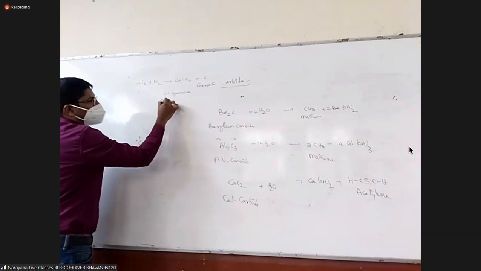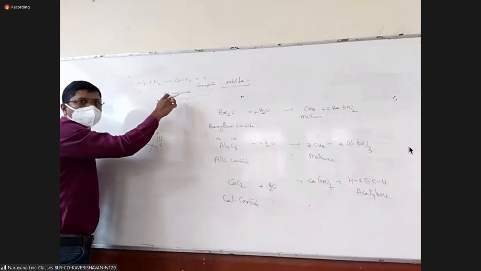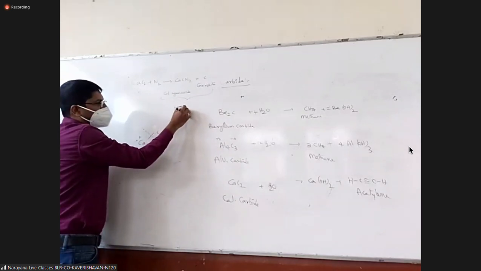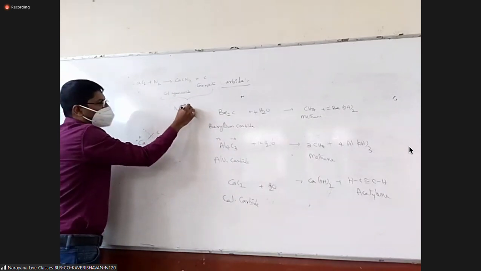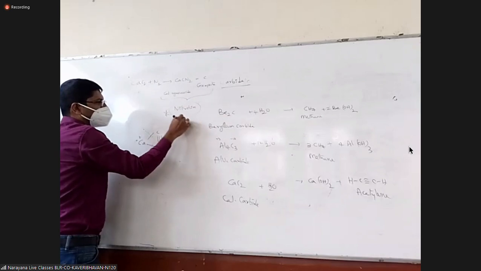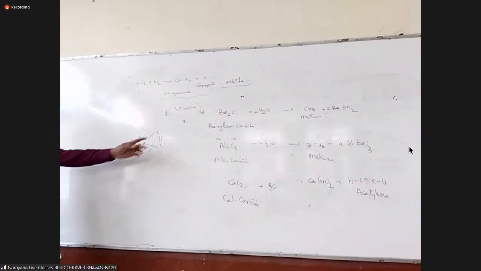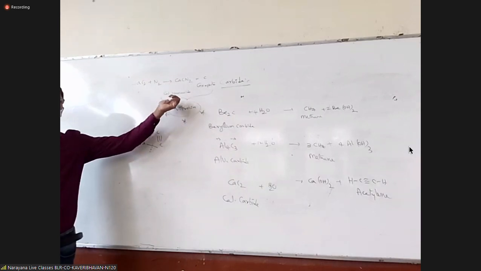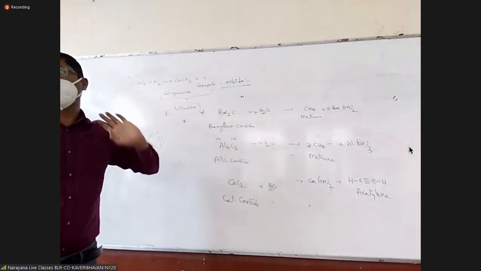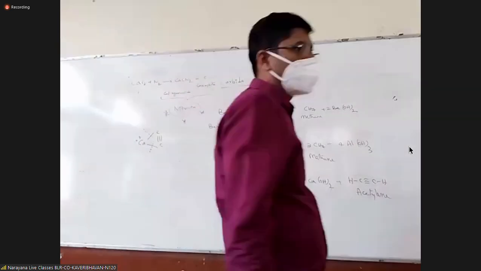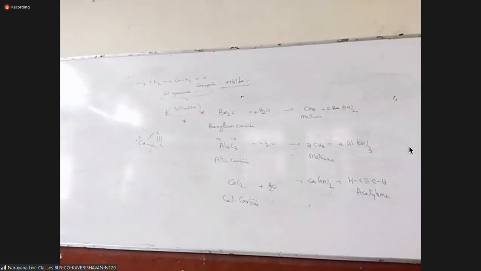The mixture of graphite and calcium cyanamide is called nitrolim. Note this one, they will ask it in the exam. What is nitrolim? Nitrolim means the mixture of calcium cyanamide and graphite. Calcium cyanamide and graphite mixture is called nitrolim.